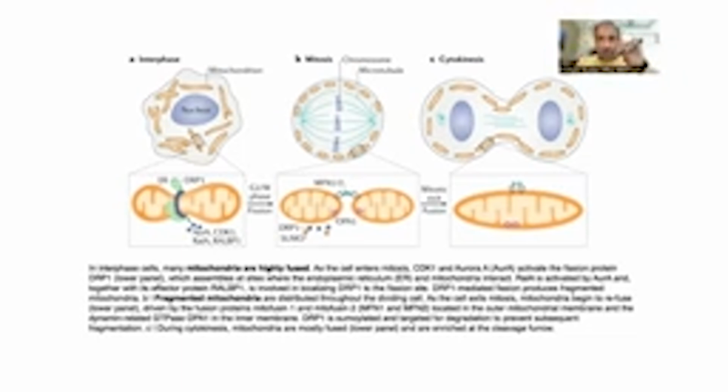That same kind of pinching mechanism can work to break up mitochondria as well, right? So as the cell enters mitosis, there is a very elaborate set of proteins, CDK1, aurora kinase A, which activate the fission protein DRP1.